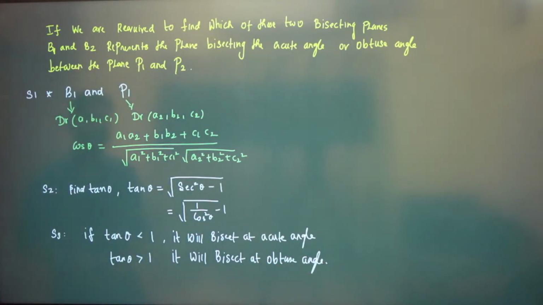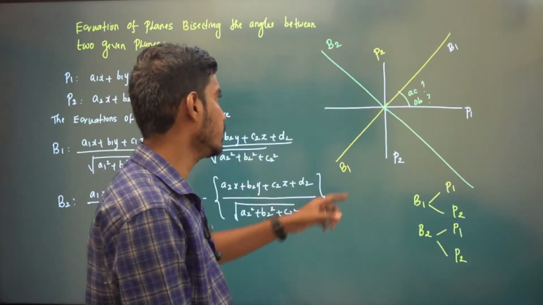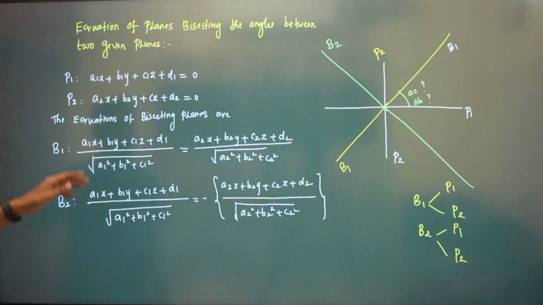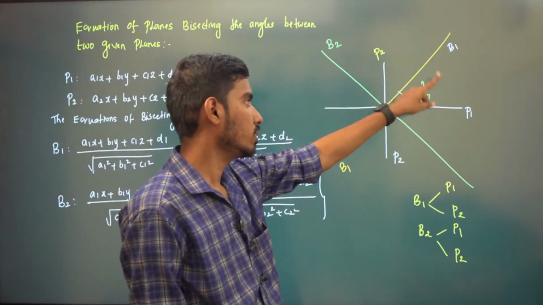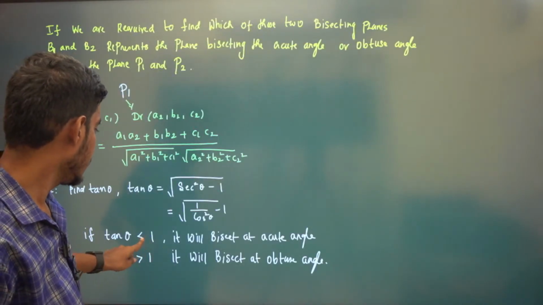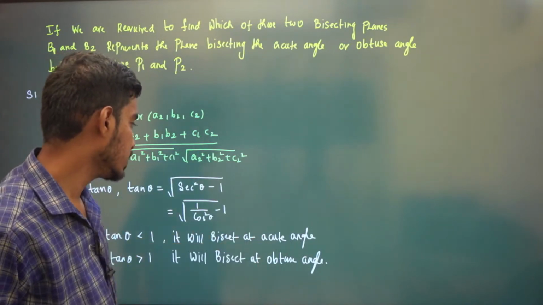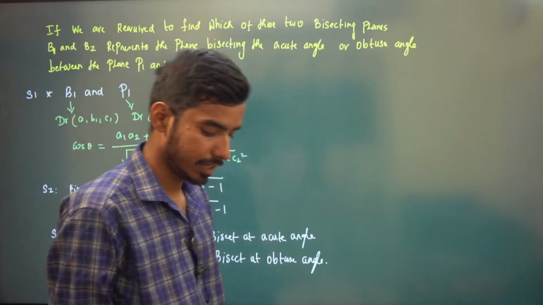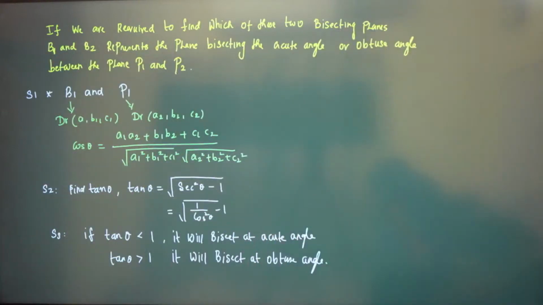Right? Very easy. So if they ask you to find which bisecting plane bisects the acute angle, you just take the first bisecting plane and you take P1 and find tan theta. If it is less than 1, you say it bisects the acute angle. If it is greater than 1, you say it bisects the obtuse angle. Right? So we'll do a problem that will be easy for you to follow. Okay.